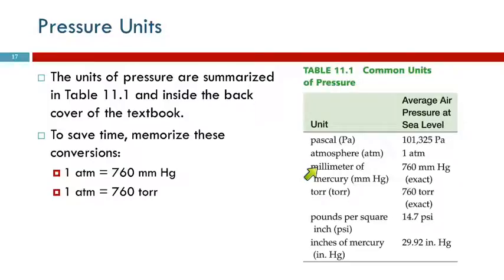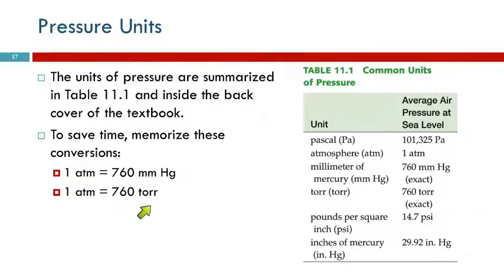The millimeter of mercury to atmosphere conversion is exact because we defined it that way. 1 atmosphere is defined as 760 millimeters of mercury. And then because millimeters of mercury is kind of a weird unit, they made up a new unit called torr in honor of Torricelli, who was one of the guys who worked on the original barometers, because they thought this would be better than using millimeters of mercury.